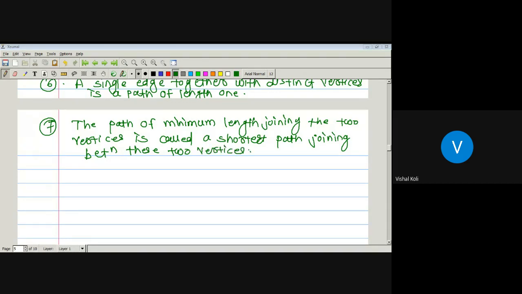What is the path of minimum length joining the two vertices? It's called a shortest path joining between these two vertices. So these are the same and important notes.